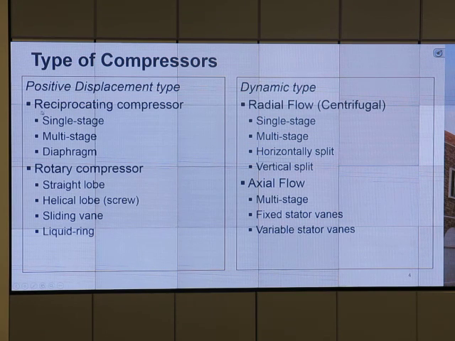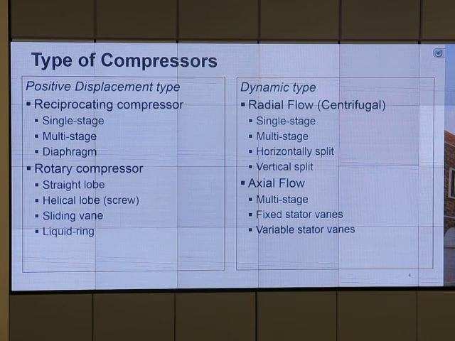Positive displacement type is a reciprocating compressor, or you can have a rotary compressor. Positive displacement means mass comes in, you compress it and it goes out, and you cannot push it against a dead end. For the dynamic type, you use centrifugal force to increase the pressure. You keep spinning it for the pressure to go up.